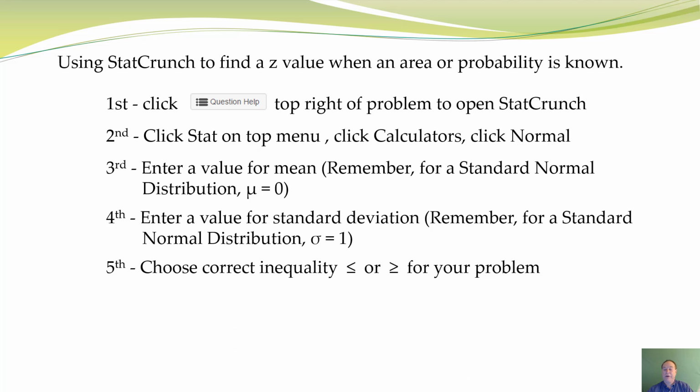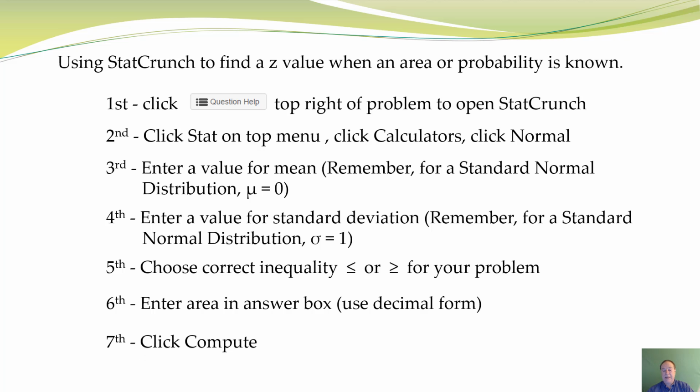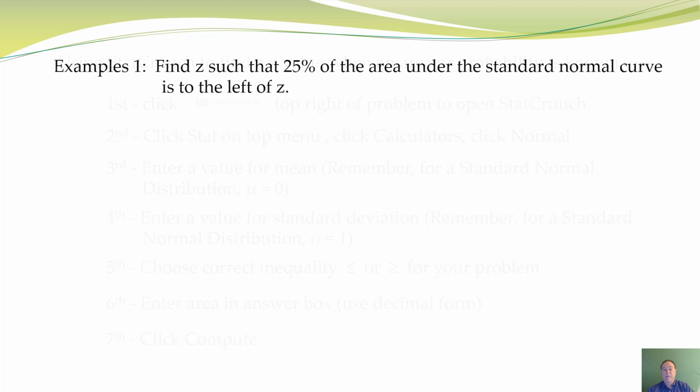Choose correct inequality, less than or equal or greater than or equal to for your problem. Enter area in the answer box. Use decimal form. Okay, this time we're not going to put a z-value in. We're going to actually put the answer in. And then click Compute. So if I look at this, find z such that 25% of the area under the standard normal curve is to the left of z.